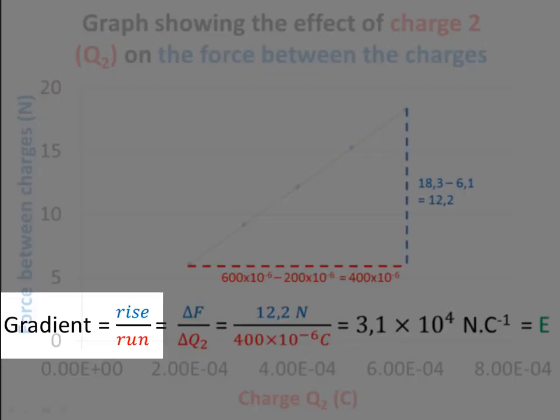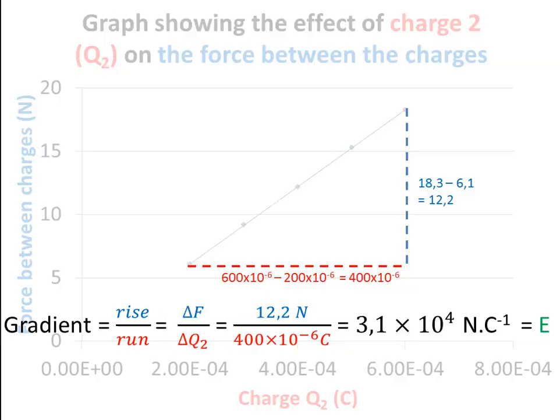We can get the gradient of this graph, rise over run, which is delta F over delta Q2. Our highest minus our lowest F value for this data, 18,3 minus 6,1 gives 12,2 newtons.